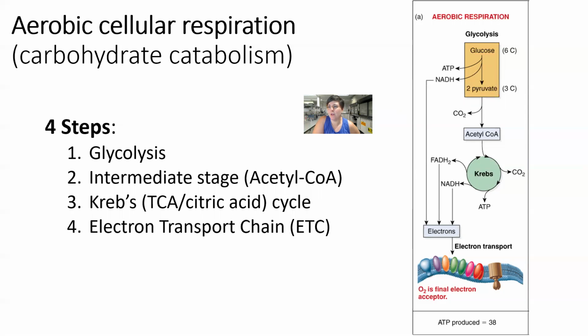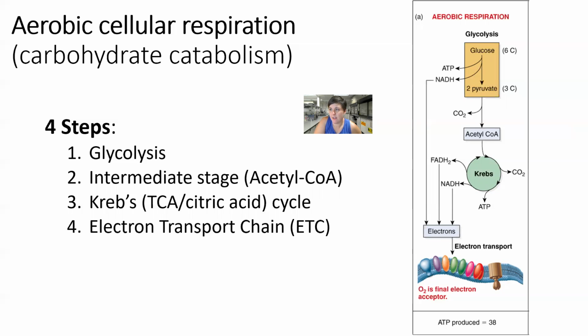Glyc is referring to the fact that we are starting with a sugar, glucose. But the prefix glyc tells you it's a sugar. And lysis means to break something apart. So if you see the term glycolysis, you should infer from that that you're breaking apart a sugar. The first step of this is we're just going to break a sugar in half.